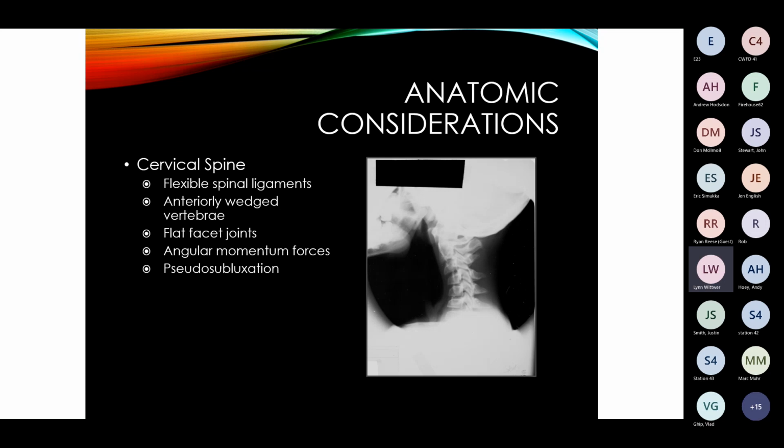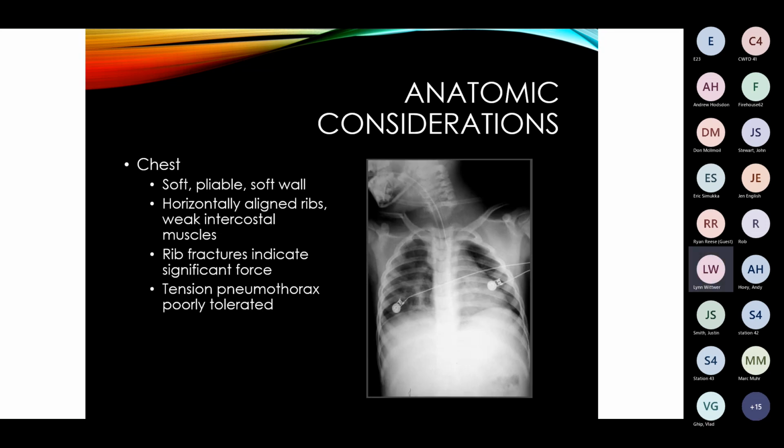It looks like they've subluxed when there's normal, but kids can get severe injuries to their neck by deceleration injuries in a vehicular crash. Their chest is very soft, pliable. Their ribs are horizontally aligned, both anterior and posteriorly, and they have weak intercostal muscles compared to what it's going to be as they get bigger.